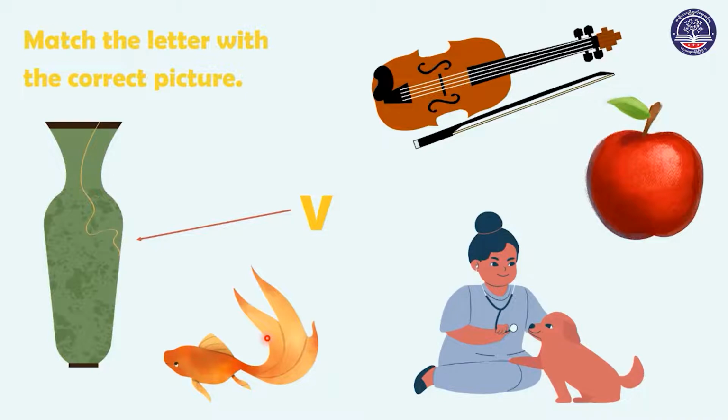V, V, fish or F, F, fish? Yes, F, F, fish. So it doesn't start with letter V. So we will not have to match this with letter V. Let's move on to the next one.